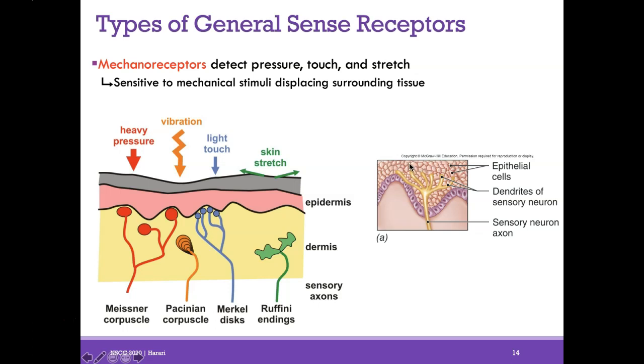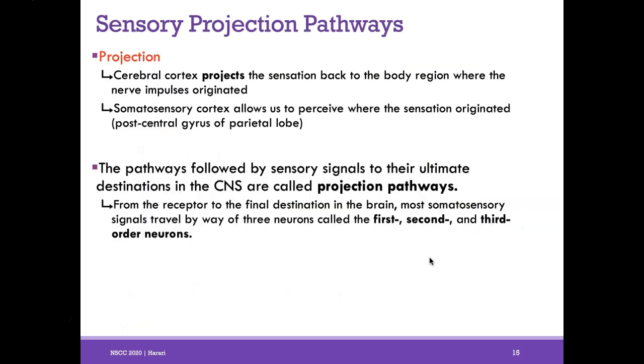When you're applying pressure to these epithelial cells, that's applying some kind of disturbance, and that will activate the dendrites of this tactile cell, which will send the information down this axon to the peripheral nerves, the spinal nerve, and then our brain will perceive that as a touch. We just felt some kind of pressure. And of course, our brain tells us where this stimulus was detected because of projection.